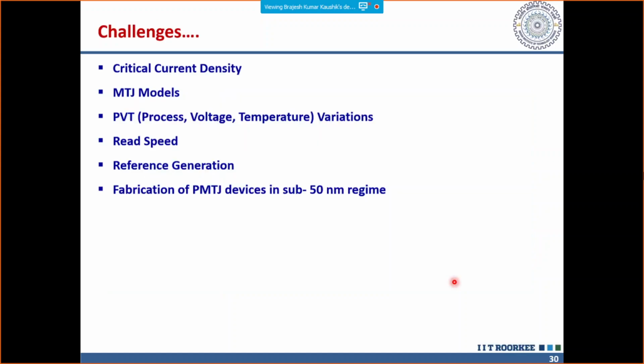Of course, all these things come with a lot of challenges. Challenges in terms of critical current density, how much current density would be required to flip the state of these MTJs. Then your different MTJ models, then the PVT variations you have to look into, the process, voltage and temperature variations, then your read speed, your reference generation, and fabrication of PMTJ devices in the sub 50 nanometer regime.